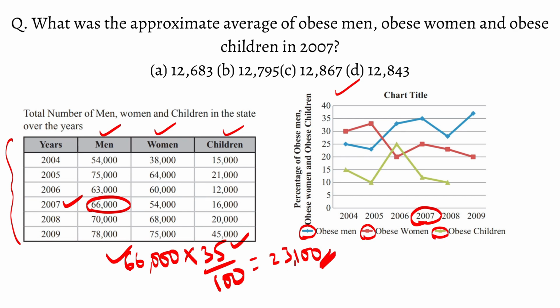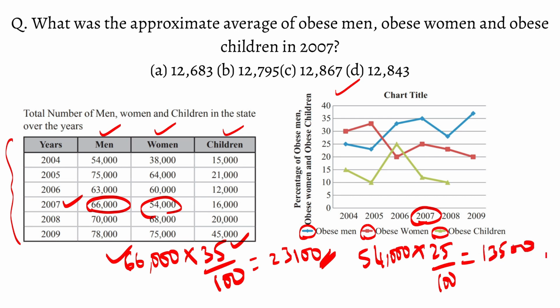What about the total women who are obese? Total women in 2007 are 54,000, and the percentage of women who are obese in 2007 is 25%. So 25 by 100 of 54,000 will be equal to 13,500.